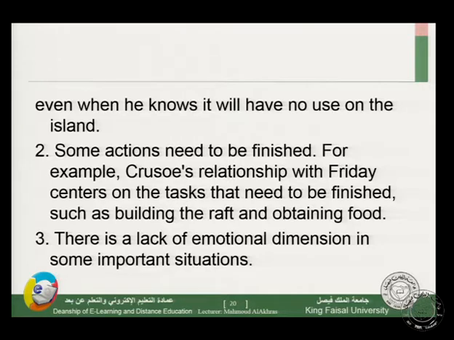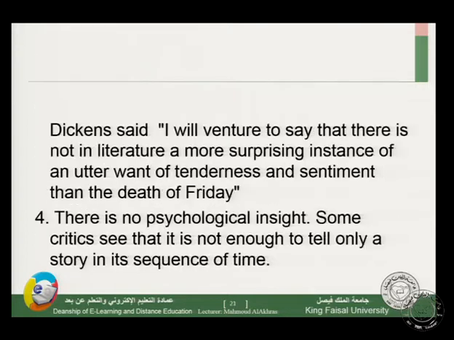According to these critics who are against Robinson Crusoe and against Defoe as the first novelist, Dickens said, "I will venture to say that there isn't in literature a more surprising instance of an utter want of tenderness and sentiment than the death of Friday." So there is a lack of emotional dimension in this novel.